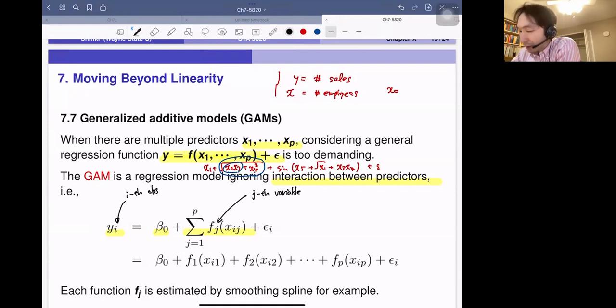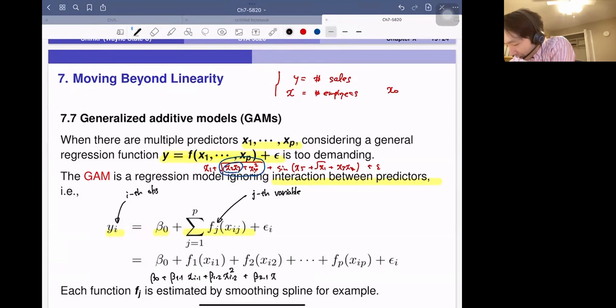Typically, for example, we have beta naught plus beta 1,1 times xi1 plus maybe beta 1,2 times xi1 squared plus, for example, beta 2,1 times xi2 plus maybe beta 2,2 times the square root of xi2, and plus something like that. Sorry, I'm a little confused.